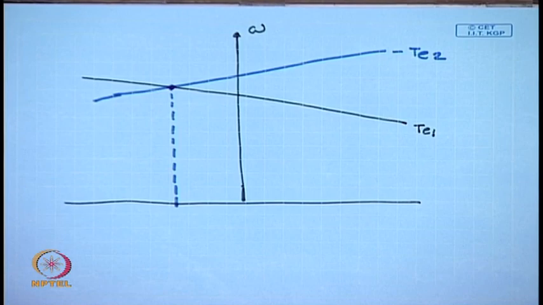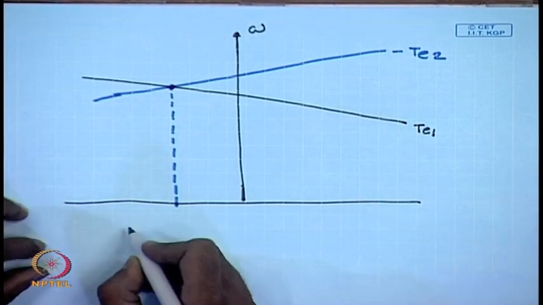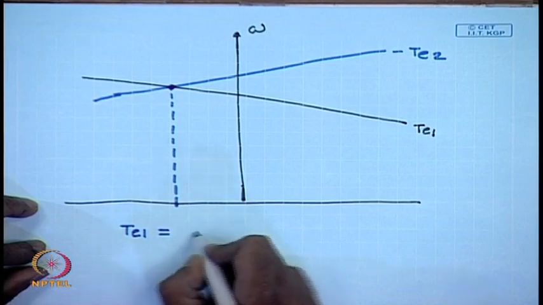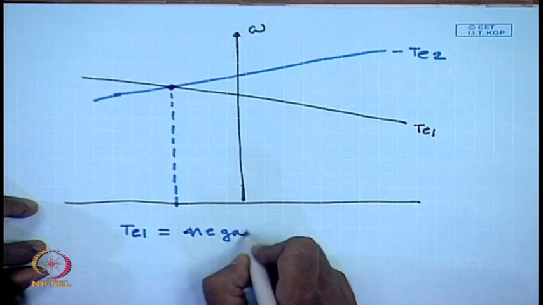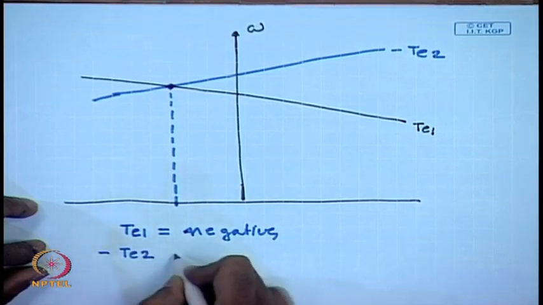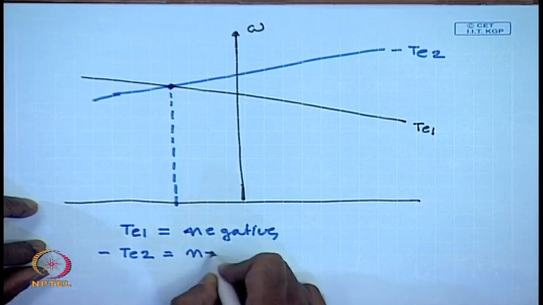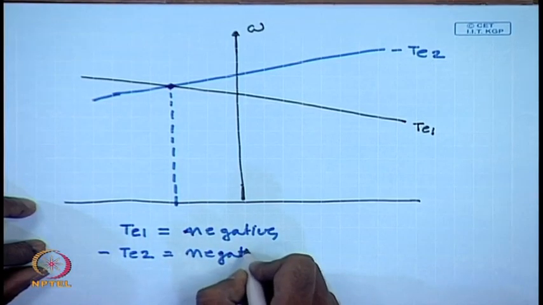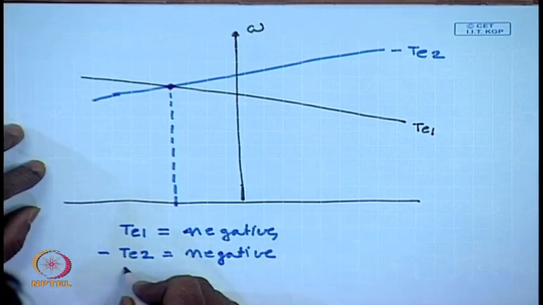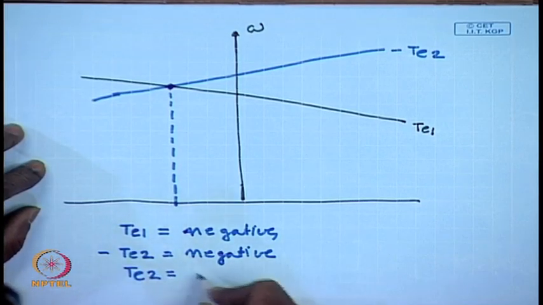So, actually in this case T_E1 will be negative and minus T_E2 is negative, that means T_E2 is positive.